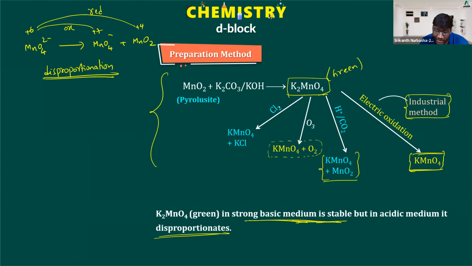K2MnO4 treated with Cl2 will also form KMnO4 and KCl. So these are the different ways to convert K2MnO4 manganate to permanganate KMnO4: by electric oxidation, by treatment with an acid, or by treating with O3 or chlorine. Can I proceed further, students?